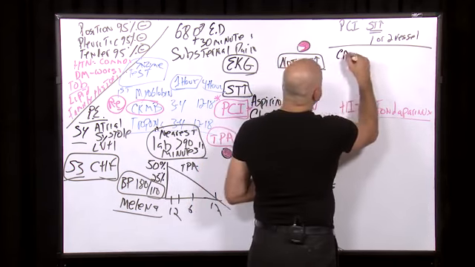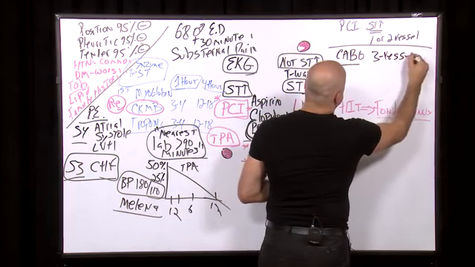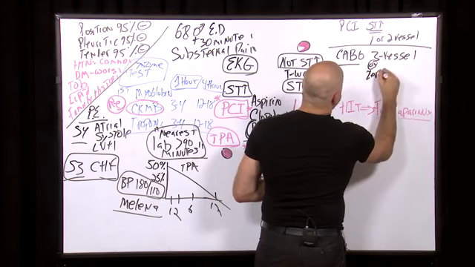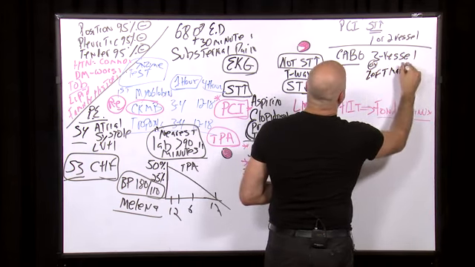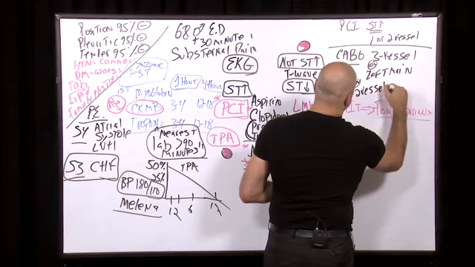We lower mortality with bypass if people have 3 vessel disease, 70% in each, or left main coronary disease, or 2 vessels in a diabetic.